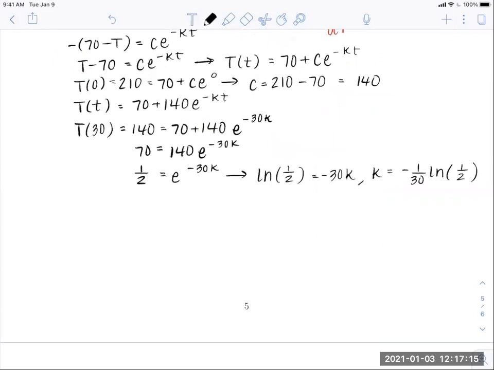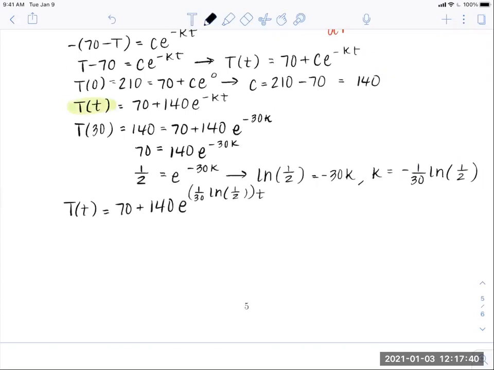So coming back up here to our T of t function, I'm going to plug that in for k. So 70 plus 140 e to the, I have a double negative, so that's going to make this a positive 1/30 natural log of 1/2. And then I still have my t on the outside.